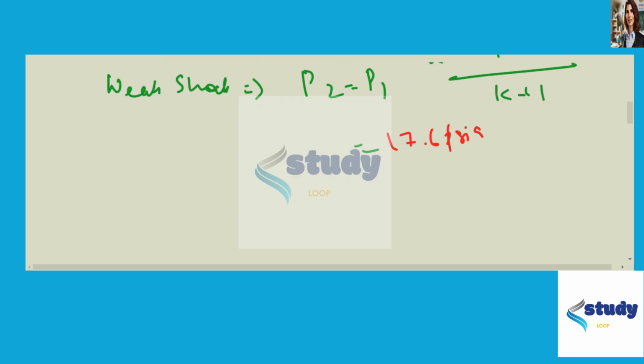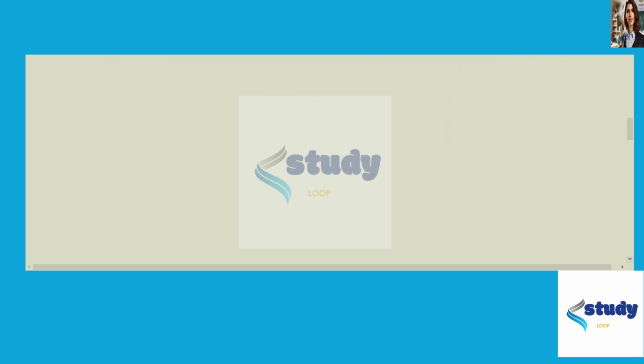Then for the temperature, T2 = T1 (P2/P1)(rho1/rho2), and the answer for this case is 610 R. This is for the case of the weak shock.